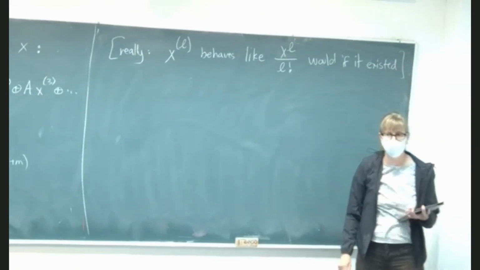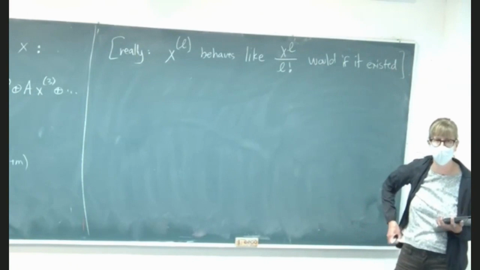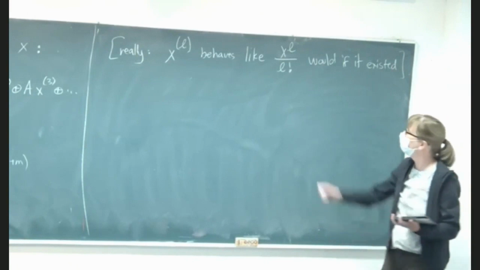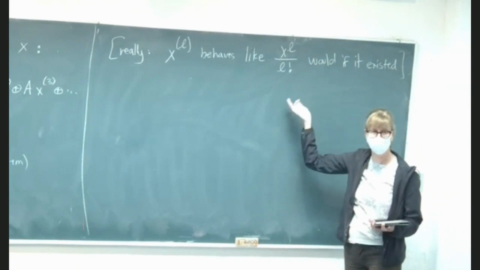If you're in equi-characteristic 0, you can divide by whatever you want. So if you have the rational numbers around, you have x to the L over L factorial, and it's fine.